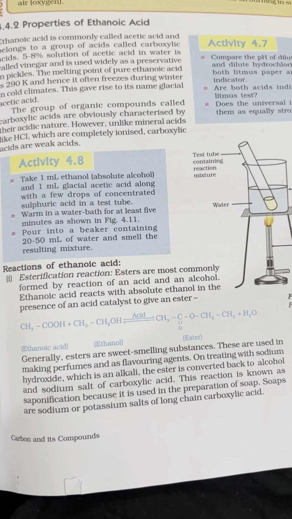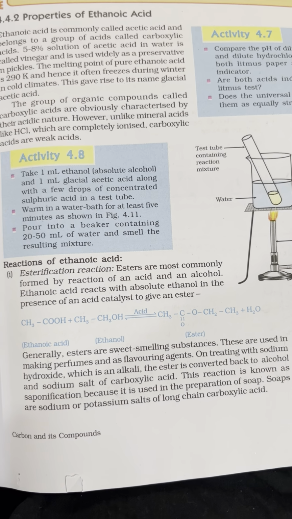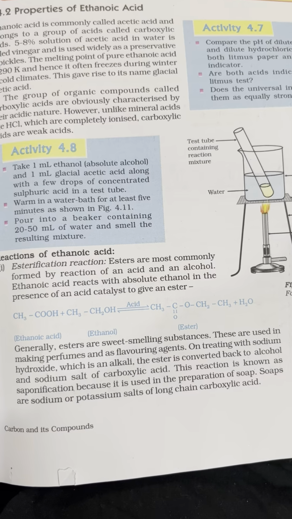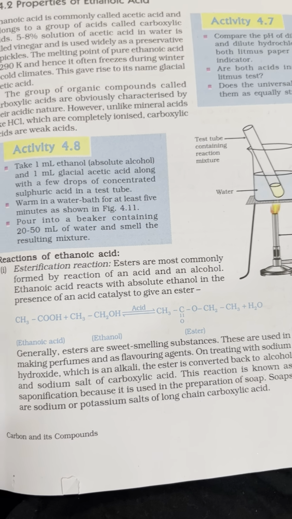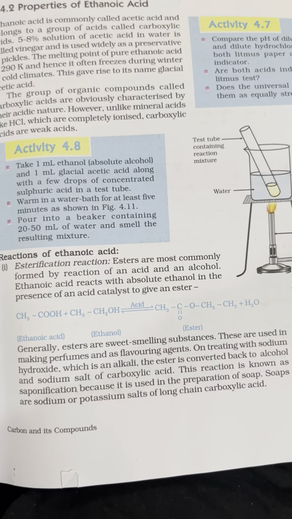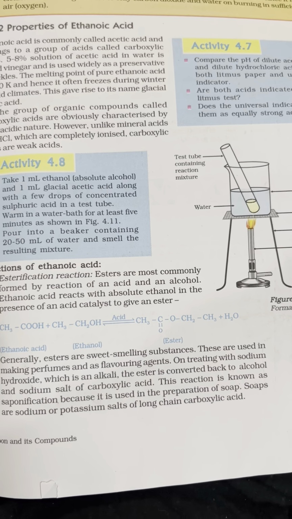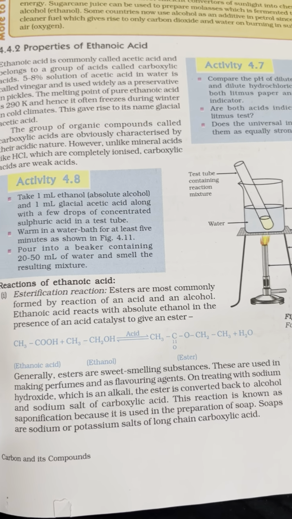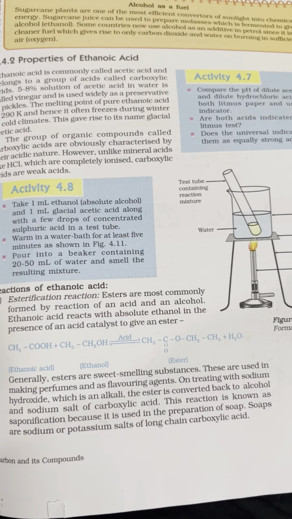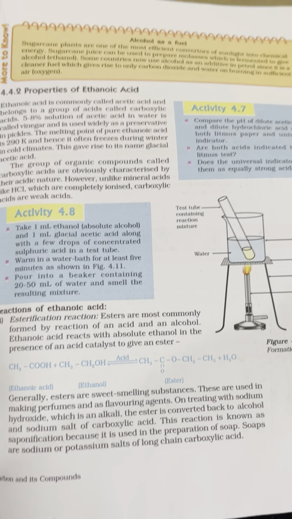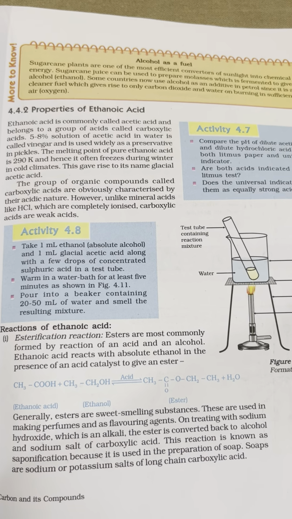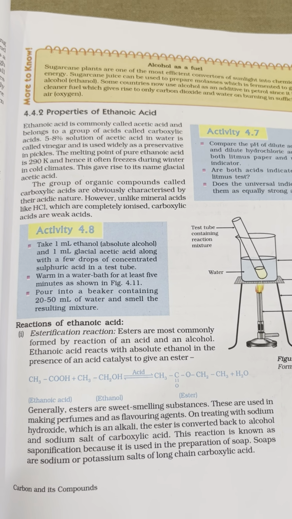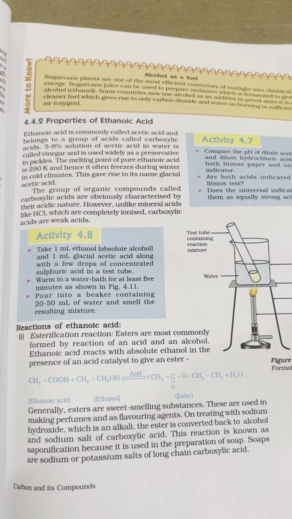Esterification. Esters are most commonly formed by reaction of an acid and alcohol. Ethanoic acid reacts with absolute ethanol in presence of an acid catalyst to give an ester. Esters are sweet smelling substances. These are used for making perfumes and as flavoring agents. On treating with sodium hydroxide, which is called an alkali, the ester is converted back to alcohol and sodium salt of carboxylic acid.